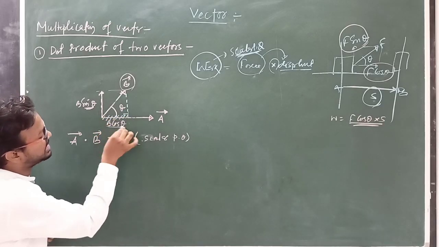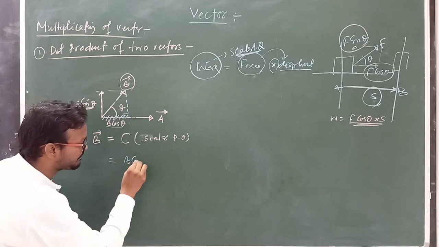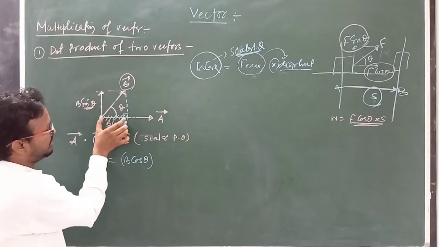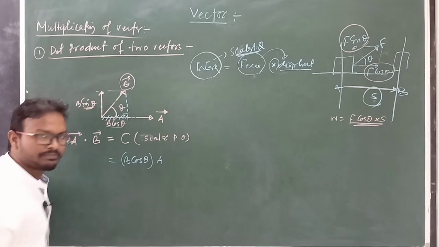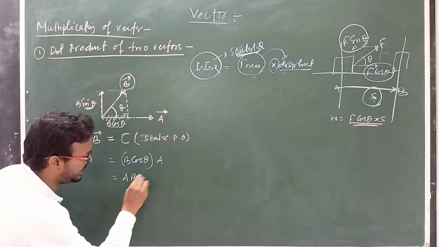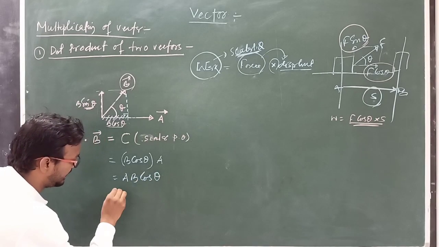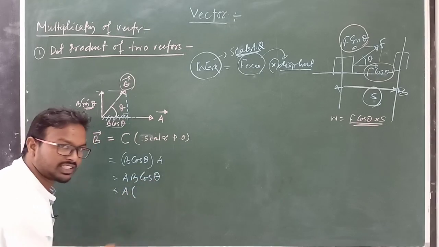This component means B cos theta, and I am writing here B cos theta into this magnitude, along A vector, so you can write simply A. Clear? And that is A B cos theta, or A into B cos theta. What is B cos theta?